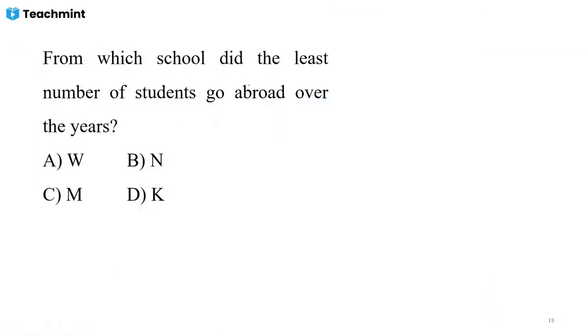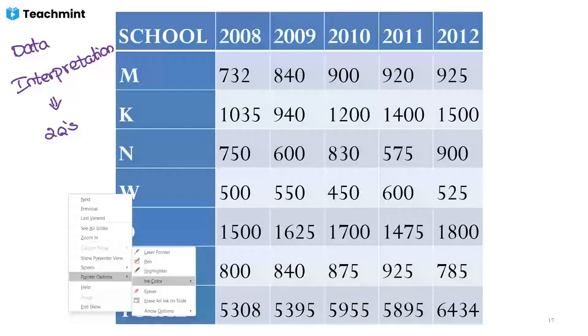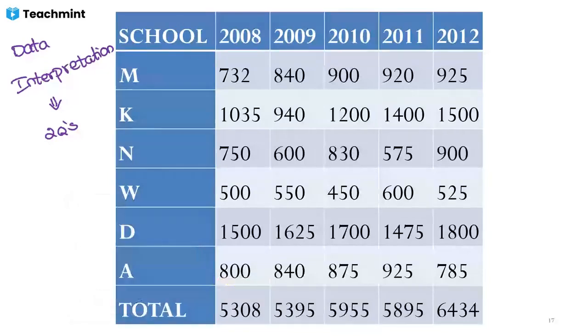What is the question? Which school has the least number of students going abroad? This is schools. Overall, which school is having the least, my dear friends? You see the diagram, the question is already clear. Which school is having the least people sent abroad? In all years, if you observe every year, what's the answer?